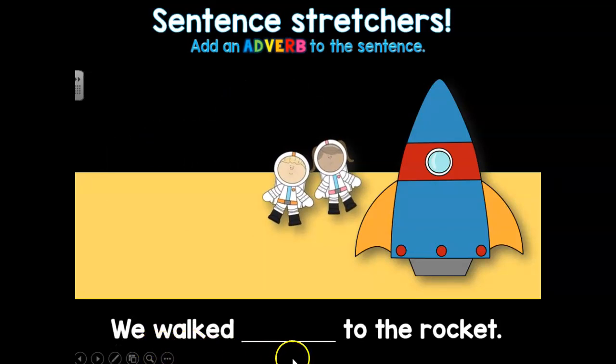We walked blank to the rocket. What adverb would you add to the sentence? All right, I would say quickly or swiftly. They did it pretty fast, so I'm thinking quickly or swiftly. What do you think?